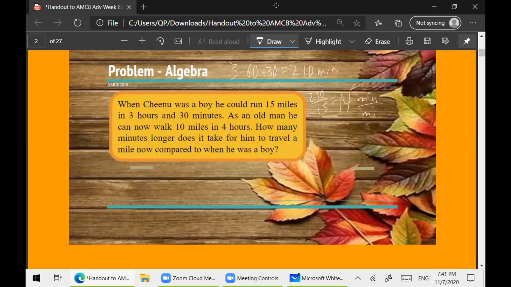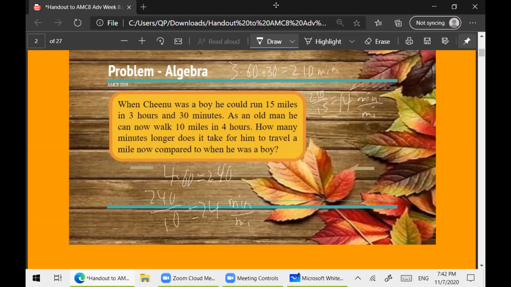And now we can do the same thing for old man Chinu. 4 hours is 4 times 60 or 240 minutes. Now, 240 minutes over 10 miles is 24 minutes per mile.